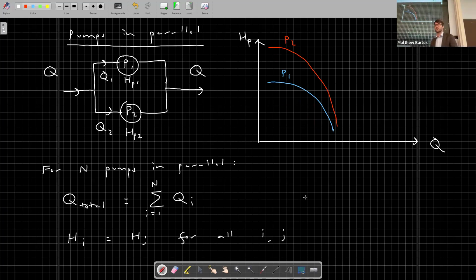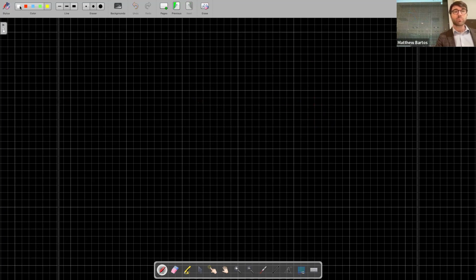This might seem kind of strange at first, and you might wonder why this is happening. Let's take a look at applying an energy balance. We're going to go from, let's call this point A, the upstream end, to point B at the downstream end. I'm just going to draw this over again. So let's say we have our parallel pumps.